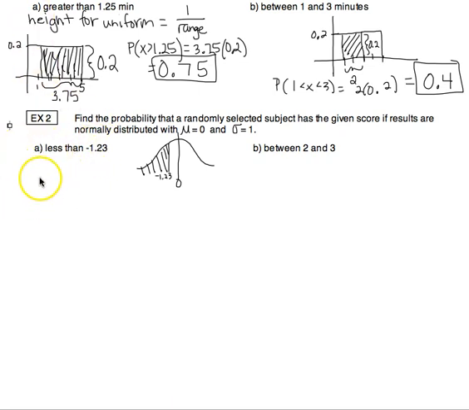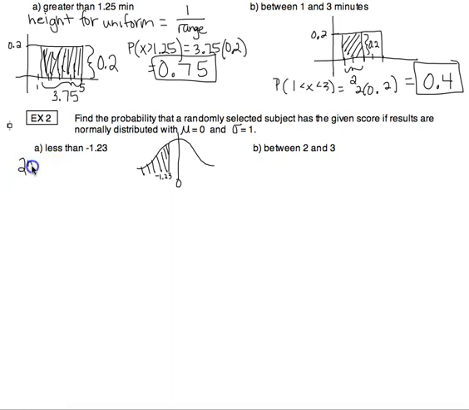So when we have this, anytime we're looking for an area, we're going to use very similar prompts in the calculator. So what we are going to do, and I'll show you on my calculator here in a second, but I'm going to have you write out the prompts here.